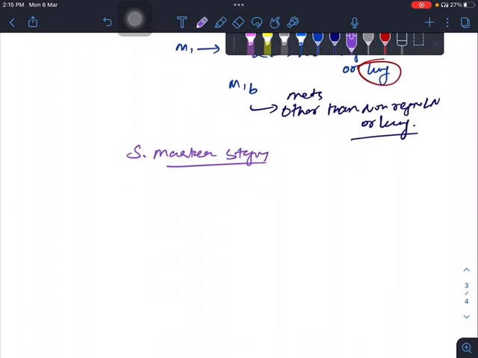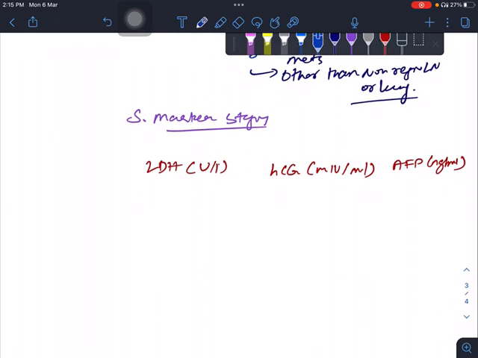So the tumor markers which are included here are LDH. Then comes the HCG, and then comes the alpha fetoprotein, nanogram per ml. So this is the S1, S2, S3.